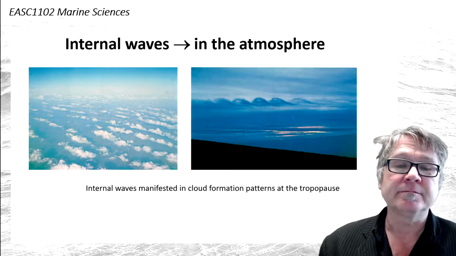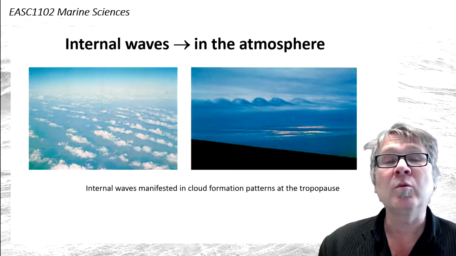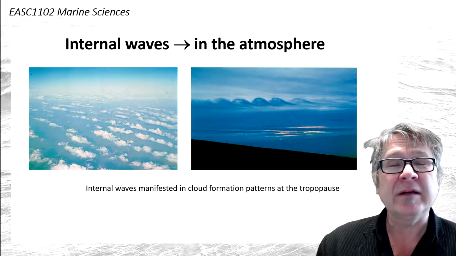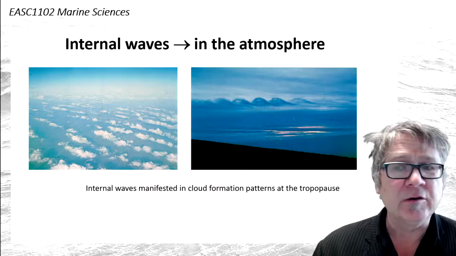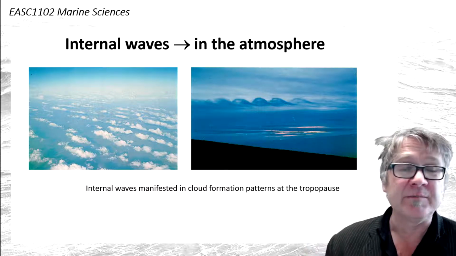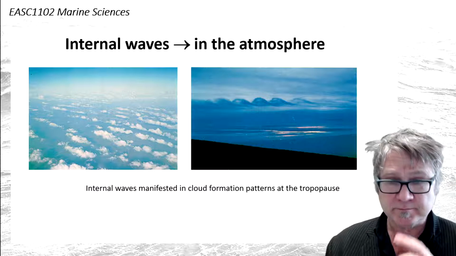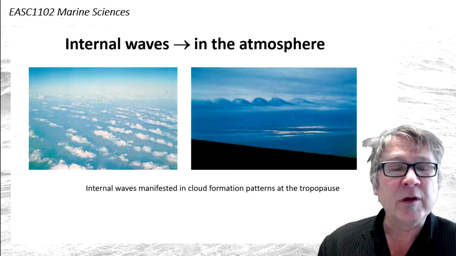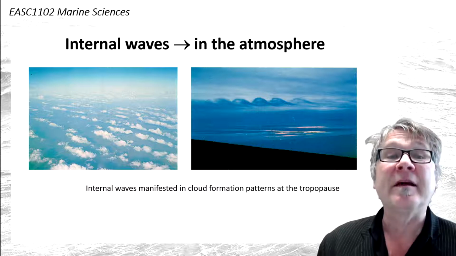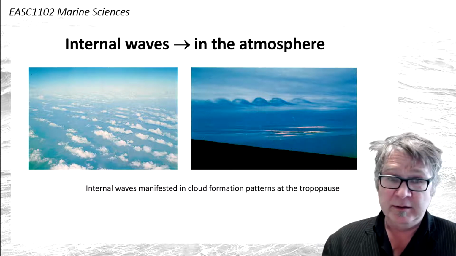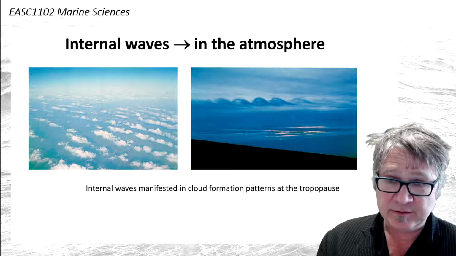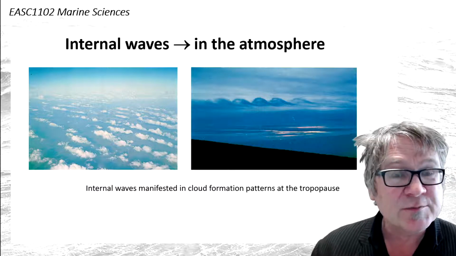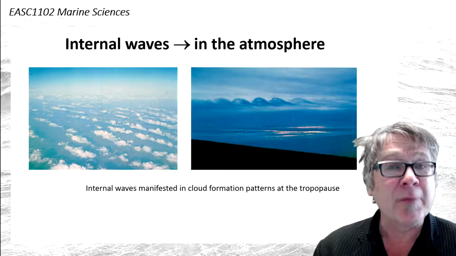Internal waves. Hard to spot them in the ocean, but we can spot them in the atmosphere. And here are some examples. We can spot the internal waves in the atmosphere in cloud patterns, because you already learned that you can create clouds by lifting air upward.